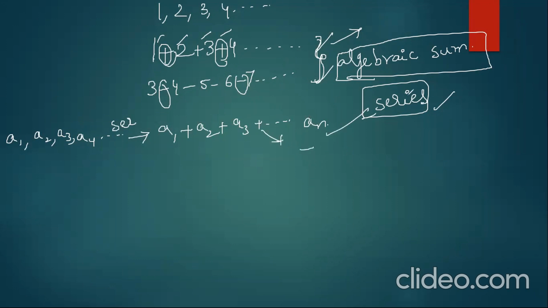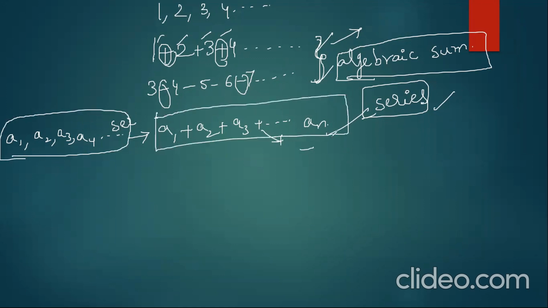So do you get the difference between sequence and series? A1, A2, A3, A4, simple terms, is a sequence, whereas when the terms are connected by either plus or minus sign, the algebraic sum we get can be called a series.